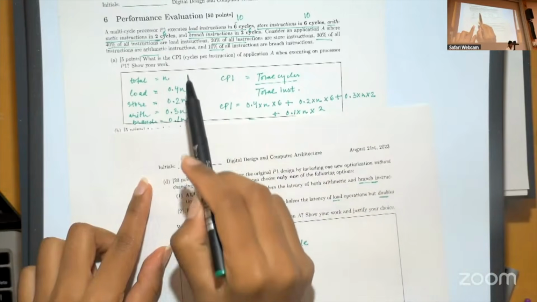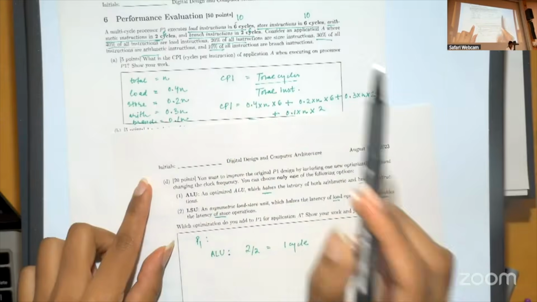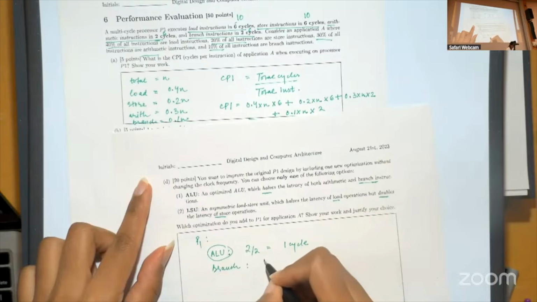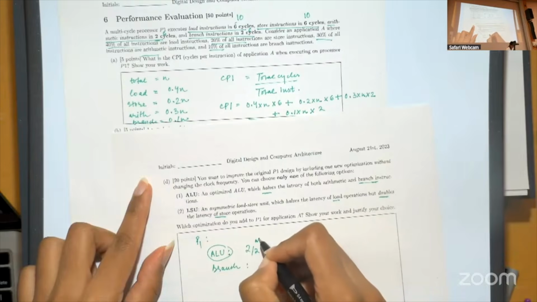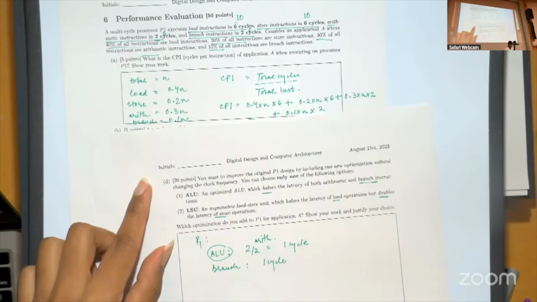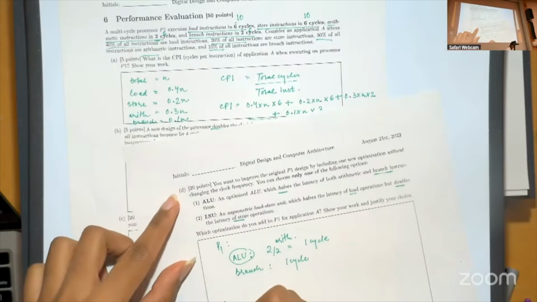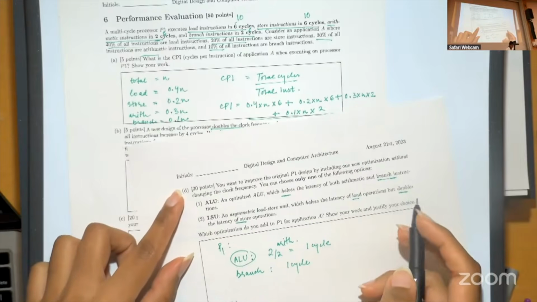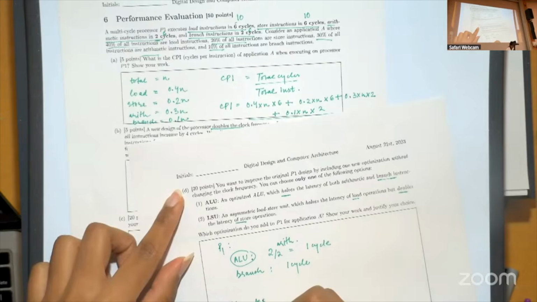For branch instruction, it was also 2 cycles, so for branch also it will be 1 cycle now. And what will an LSU do? It will halve the latency of load operation. That means load will just take 3 cycles, and double the latency of store operation. That is, store will now take 12 cycles.